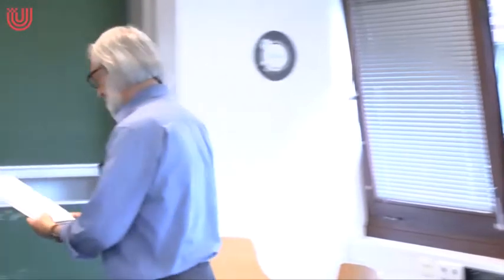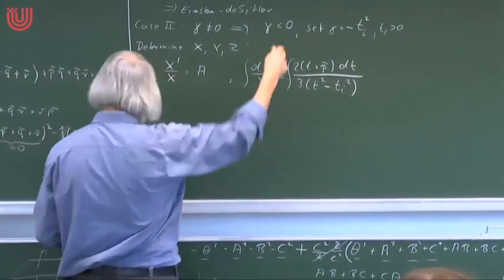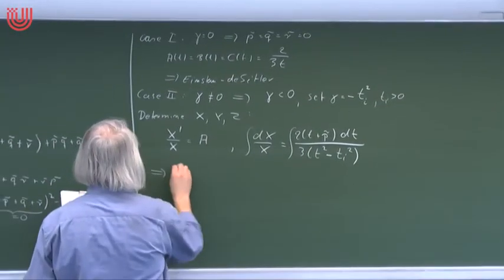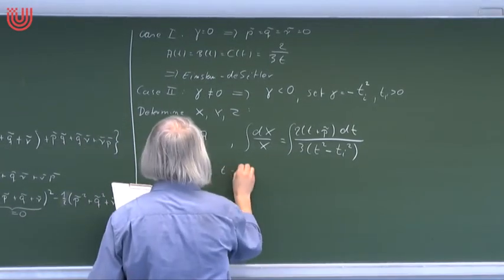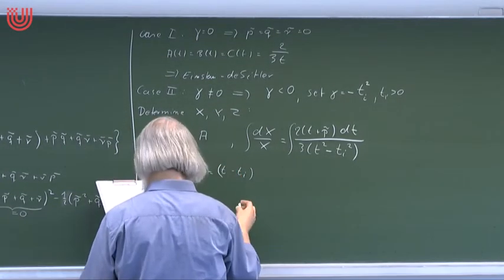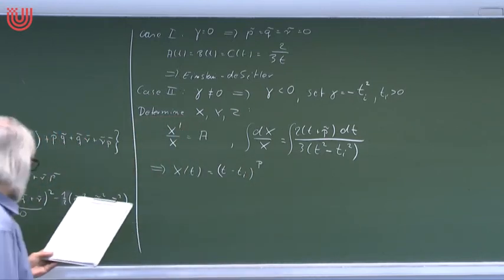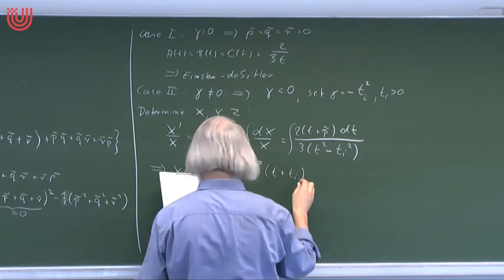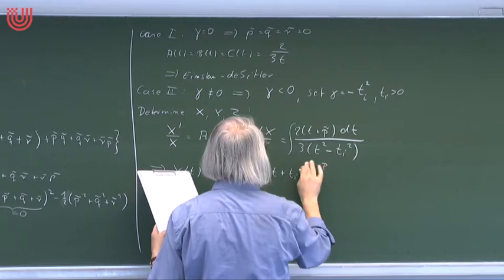So here you get the log, and then you exponentiate everything, and the solution is x of t is t minus ti with an exponent p, not p twiddle, it's a new exponent which I call p, times t plus ti, exponent 2/3 minus p.